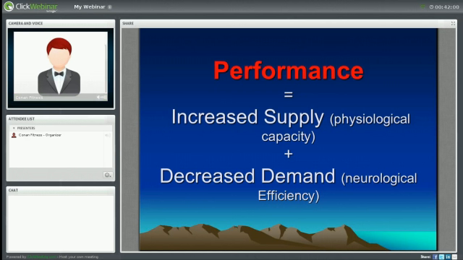So neurological efficiency to them is so important. Otherwise, they lose a little bit of force or strength here and there, and they've missed the weight. So if we can improve supply and decrease demand, our performance output is immensely increased.